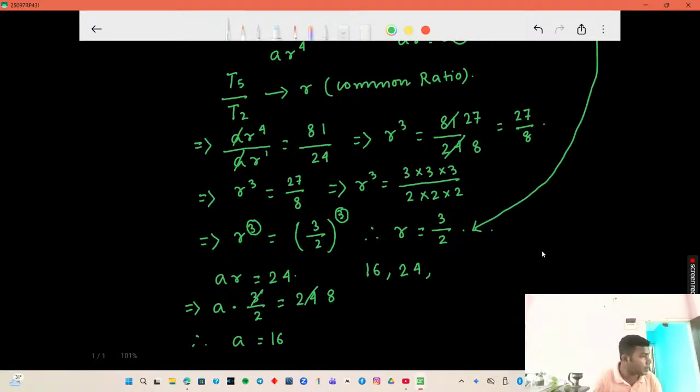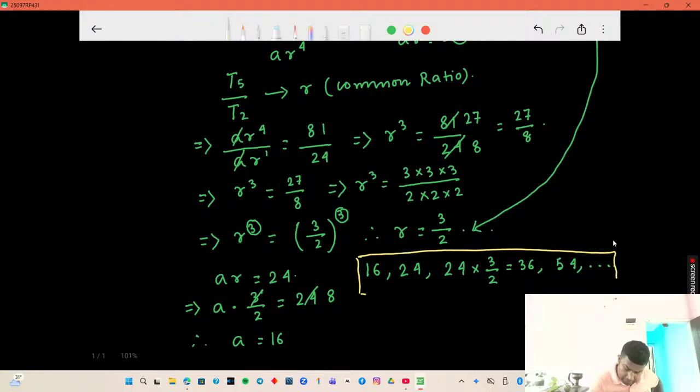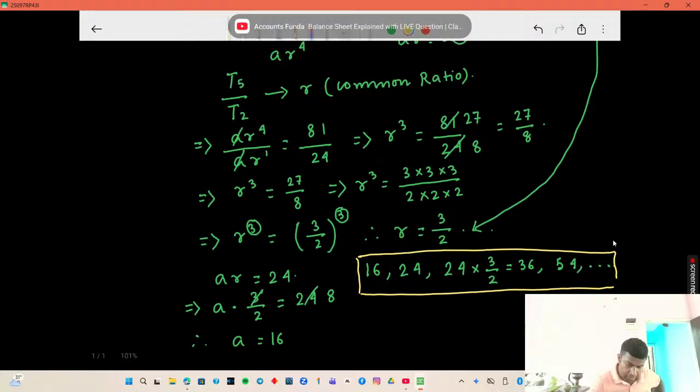Common ratio is nothing but a fixed quantity by which, just by dividing or multiplying the terms, we can find the next term. So the third term of the GP will be 24 into 3 by 2, and the answer will be 36. Then what will be the fourth term of the GP? The fourth term will be 54, and so on the GP goes on. So the GP here is 16, 24, 36, 54, and so on.